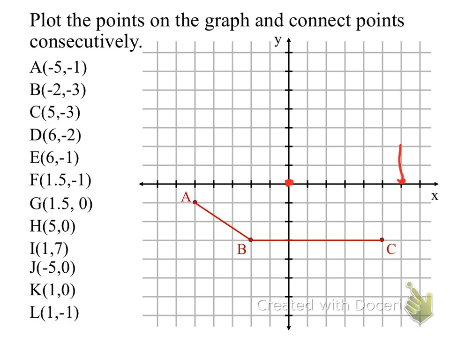No, it's not up 1, 2. D is down 1, 2. Okay, so I go 6, and then down 2. 3, 4, 5, 6, and then down 2. Okay, and we call that point D.